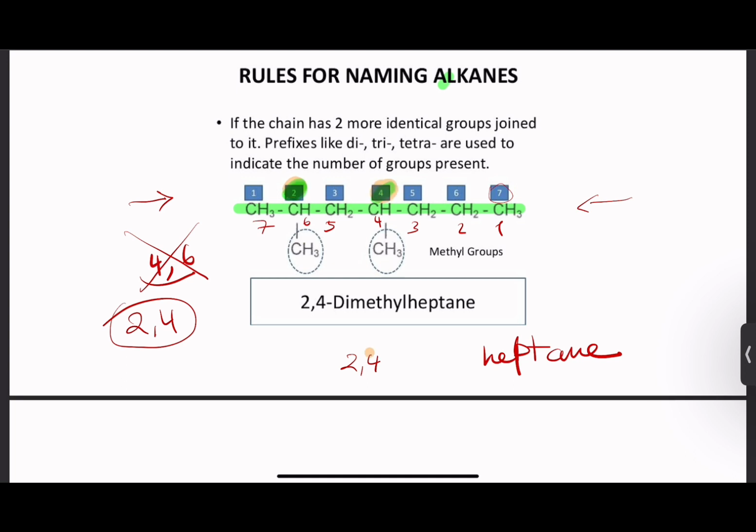So I'm going to number each one of them, 2 and 4, and then I'm going to say di because I have 2 methyls. You see, I have 2 of the same branch, so 2,4-dimethyl heptane. This is the name.